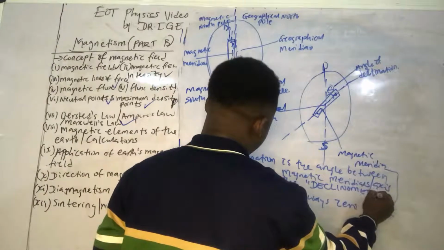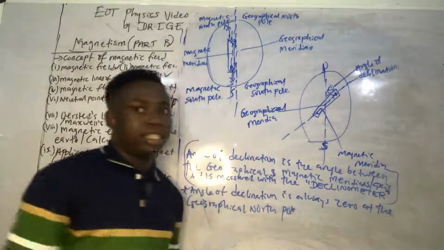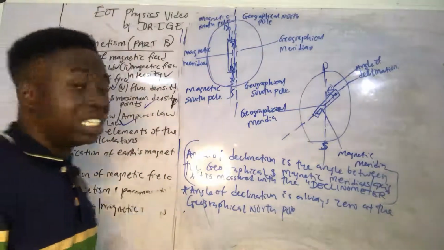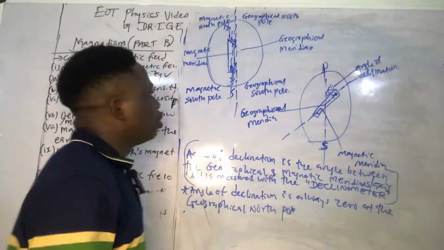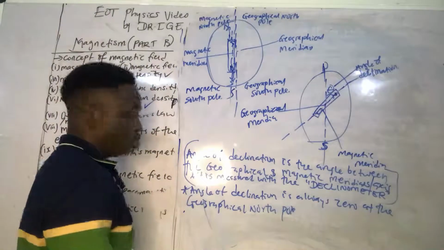An instrument called what? The declinometer. That's the instrument that is used to measure the angle of declination. And also please remember that the angle of declination is always zero at the geographical north pole.